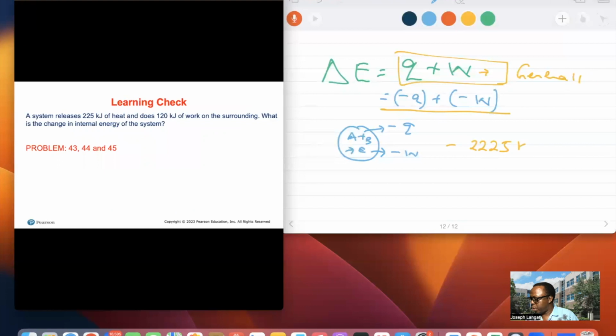225 kilojoules plus negative 120 kilojoules. And what we'll get here is you just have to find the summation, and see what the value will be. This will be negative 345 kilojoules.